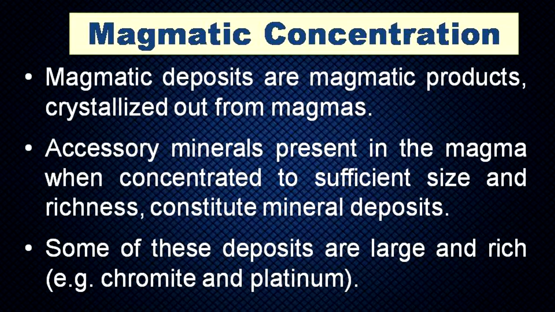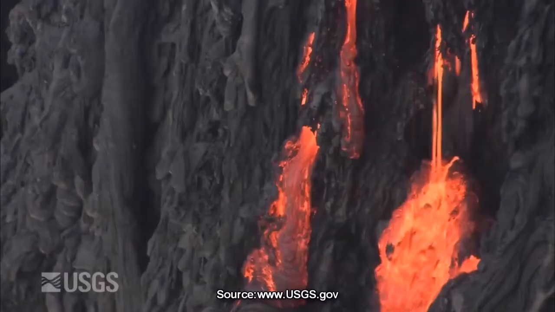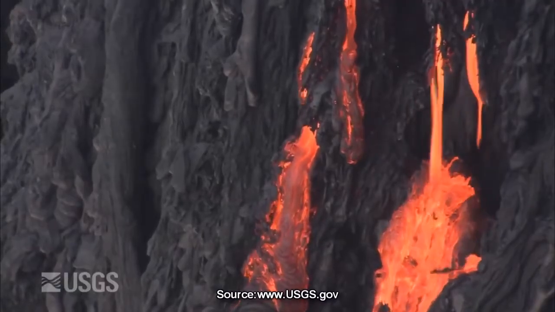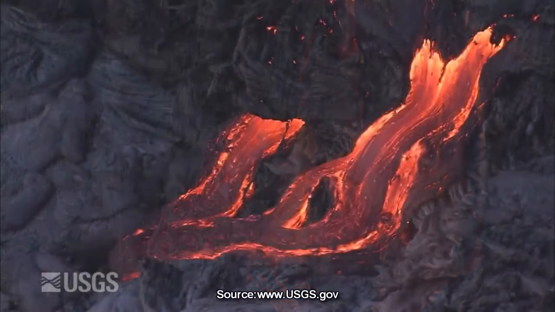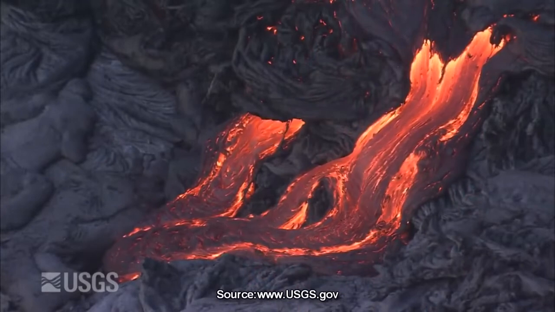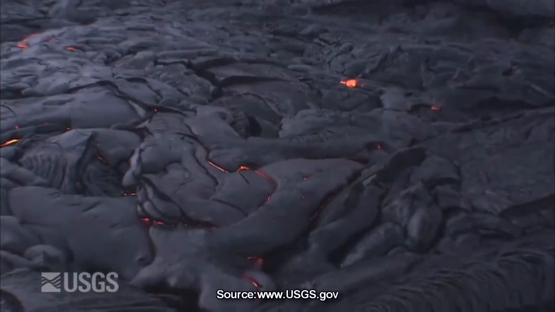They crystallize out from magmas. The main issue is magma. What is magma? Magma is a molten rock material through which various rocks have been formed, and during the formation of rocks various mineral deposits are formed.